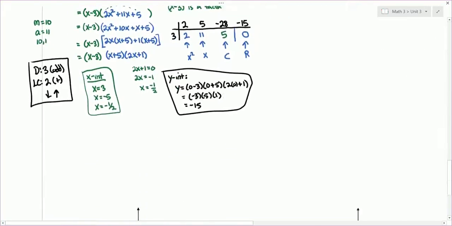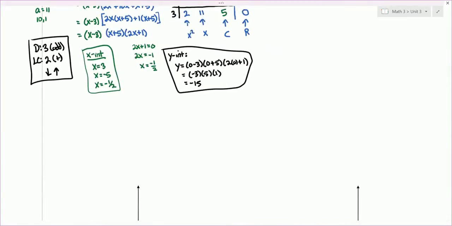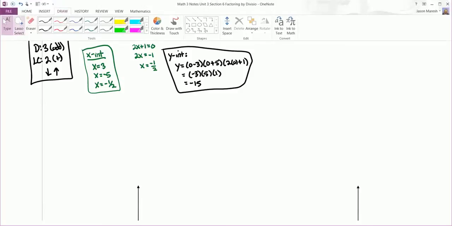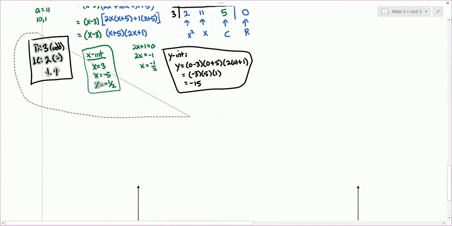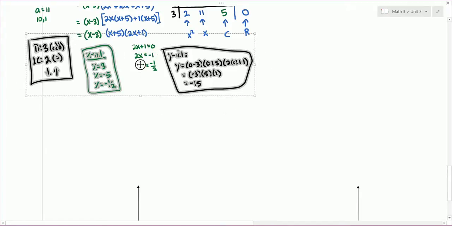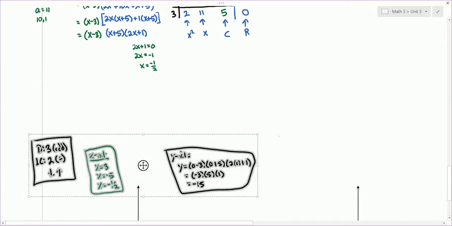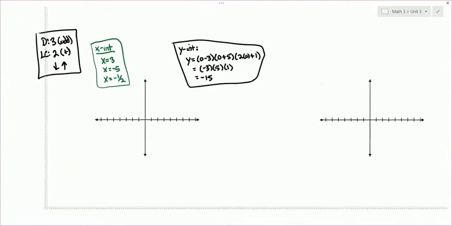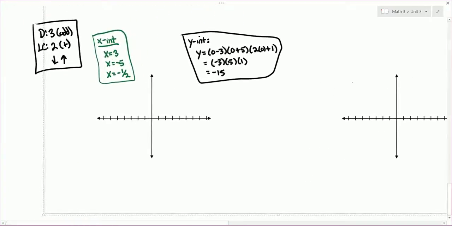Let's put all that together in our graph. So we have x-intercepts at 3, negative 5, and negative 1/2. Negative 1/2 is between 0 and negative 1.